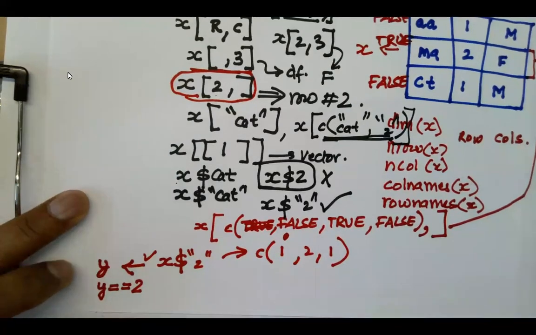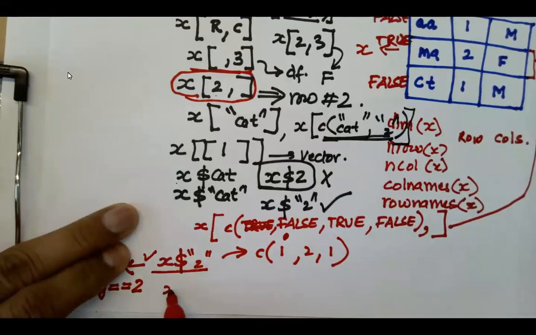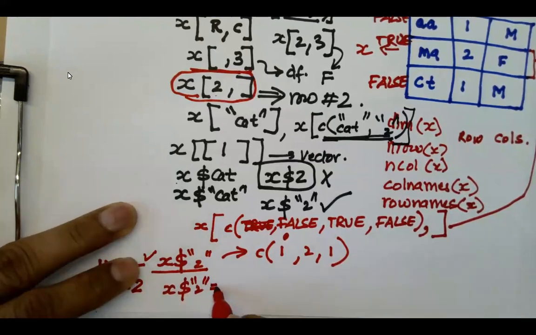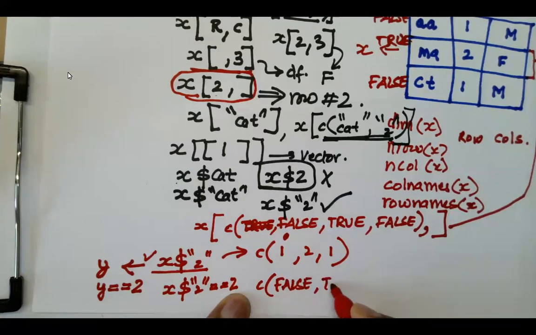Or something similar we can do, since y is nothing but this one, we can also say whether $2, which is nothing but this y vector, is equal to 2. The test is performed over all the elements, and the output of this would be false, true, false.